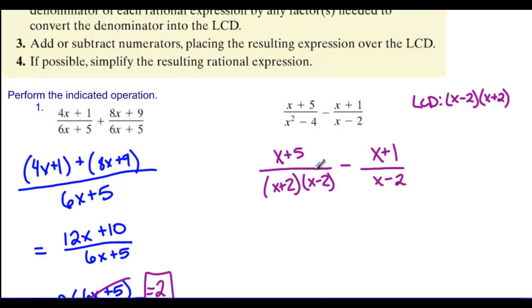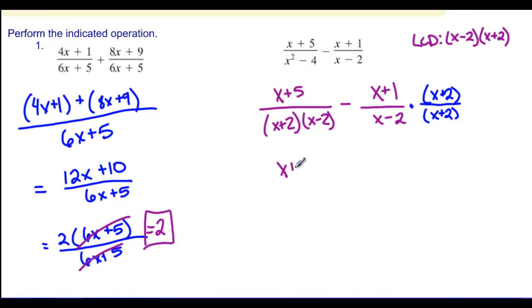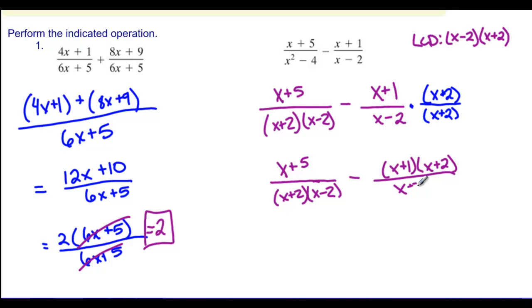So the first rational expression has the proper LCD, has the proper denominator, but the second rational expression does not. So we're going to have to multiply by x plus 2 on the bottom, and because we can't just multiply the bottom of a fraction, we have to do the same on top. So now we're going to have this x plus 5 over x plus 2, x minus 2, minus x plus 1 times x plus 2 over x plus 2, x minus 2.